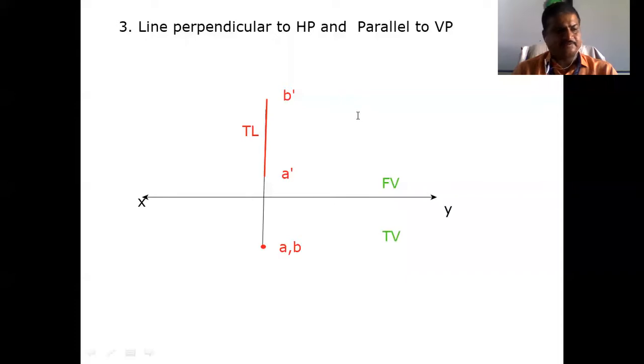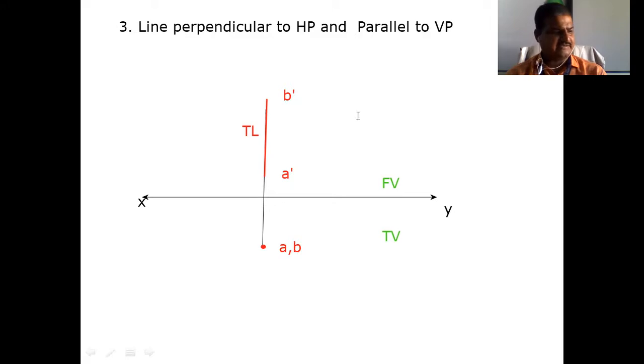In this position of line, front view is above XY line. Front view is above XY line and gives true length, and top view is below XY line.